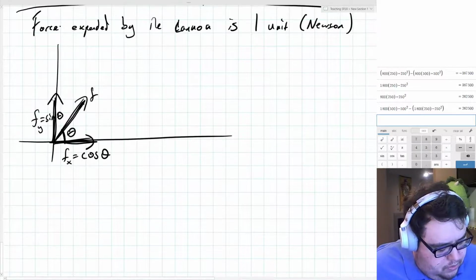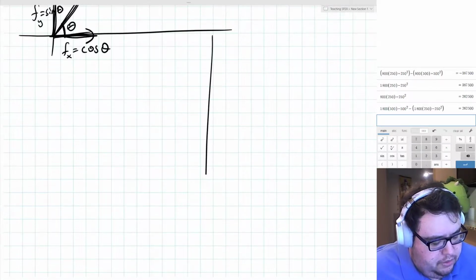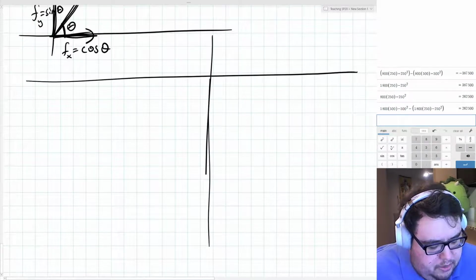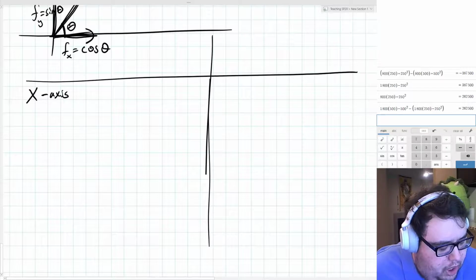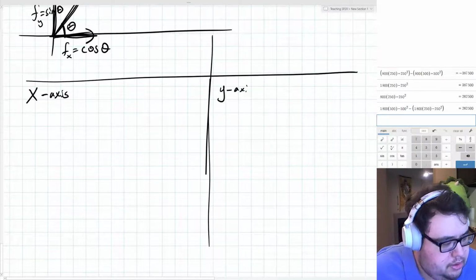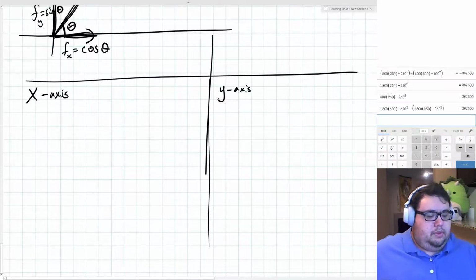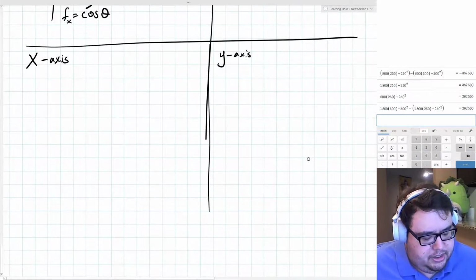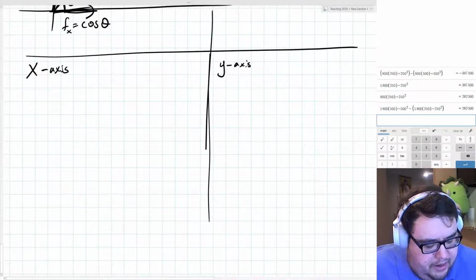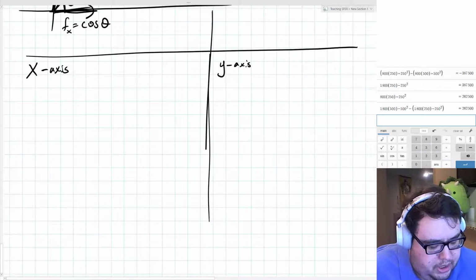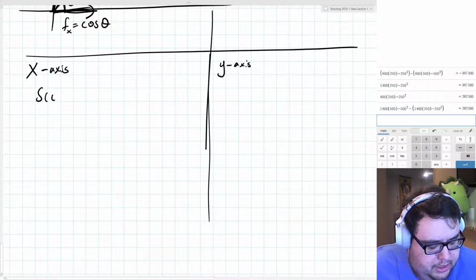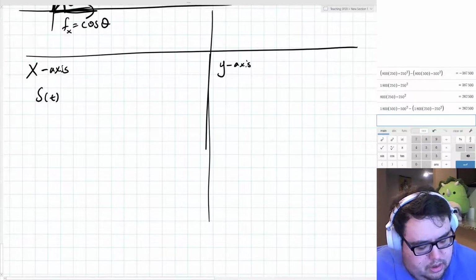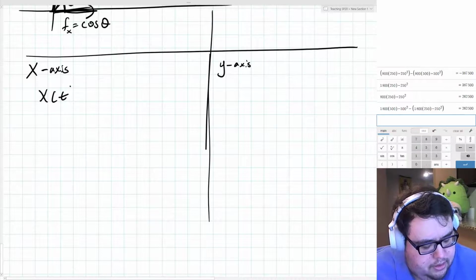So we basically have two parallel universes happening at the same time here. We have the x-axis forces and the y-axis forces. On the x-axis, we should end up with a position function, s of t. We'll even call it x of t, actually.